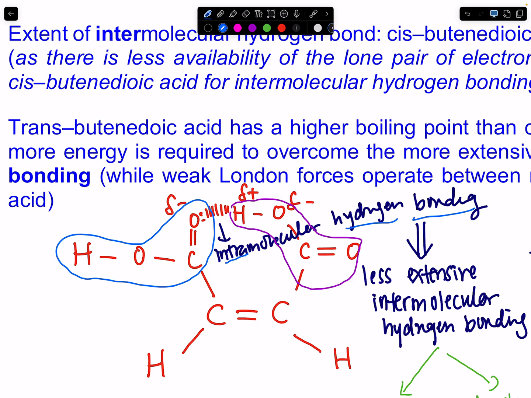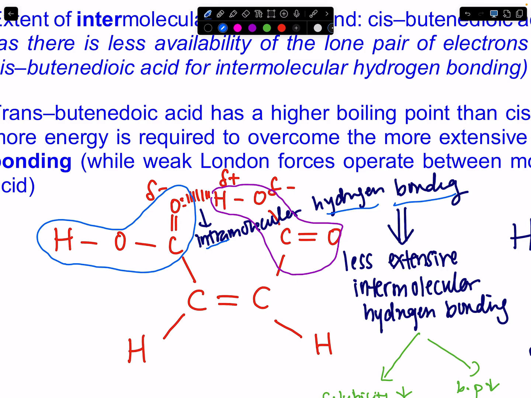Once you are in a clique, you stop interacting with people outside the clique. And that is seen to be intermolecular. Do you understand? So when you form intramolecular hydrogen bonds, your interaction with other molecules outside the actual molecule itself will be less extensive.